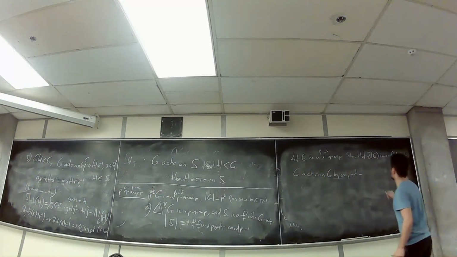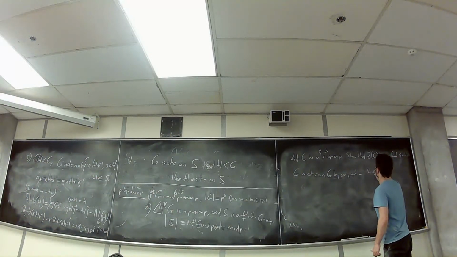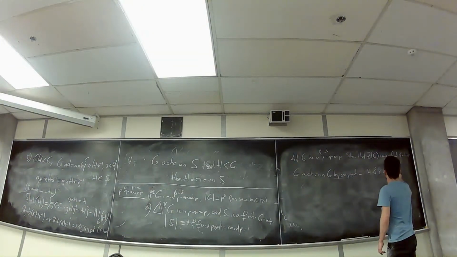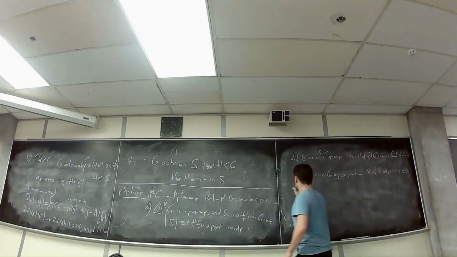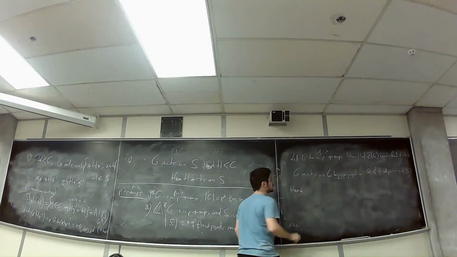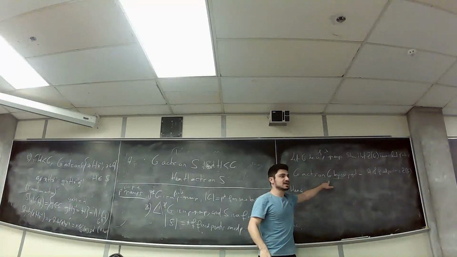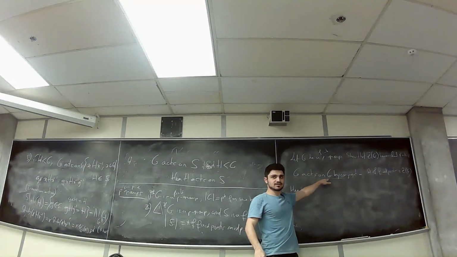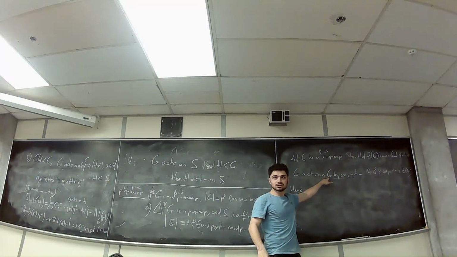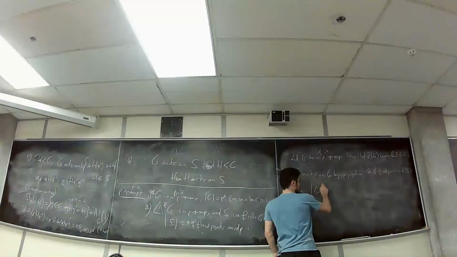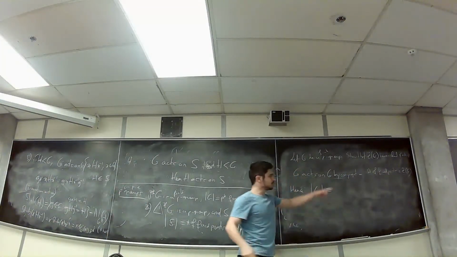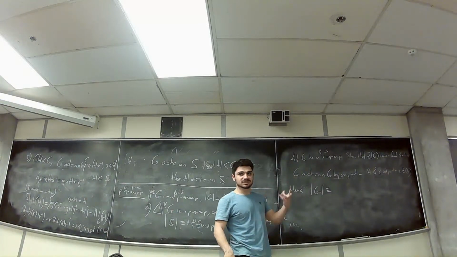So the set of fixed points is ZG. Hence, what is my G-set here? G is acting on S, right? So what is my S here? S is G. Hence the size of G is congruent to the number of fixed points. What is the number of fixed points here? It is the size of ZG, right?